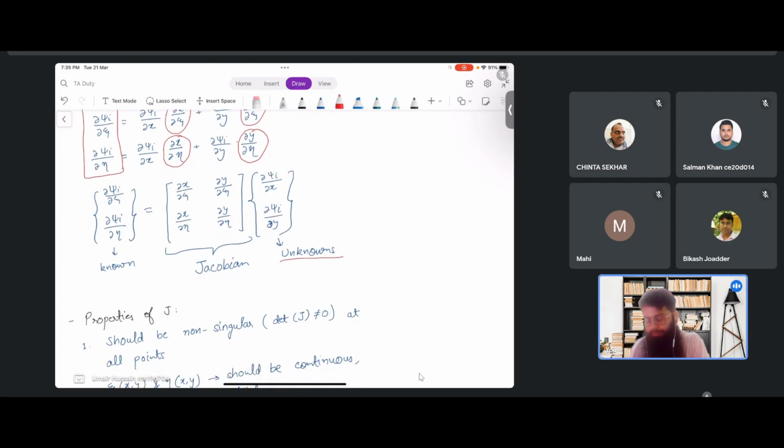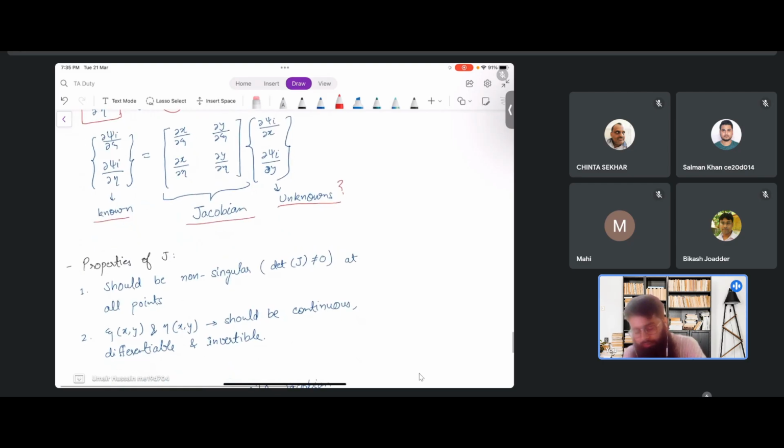In order to find these unknowns, we need to calculate these and get the Jacobian. And of course, to solve the given system of equations, we need to take the inverse of the Jacobian.